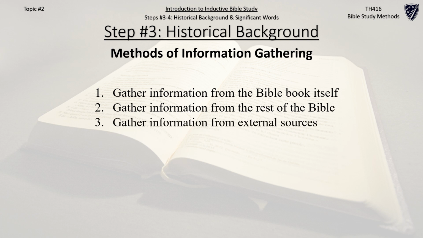Step number 3 is gather information from external sources. And these sources would be things like Bible dictionaries, which are very helpful, and I recommend getting a good Bible dictionary. New Bible Dictionary is a really solid Bible dictionary. And also Bible atlases, which give you not only historical but also geographical information.